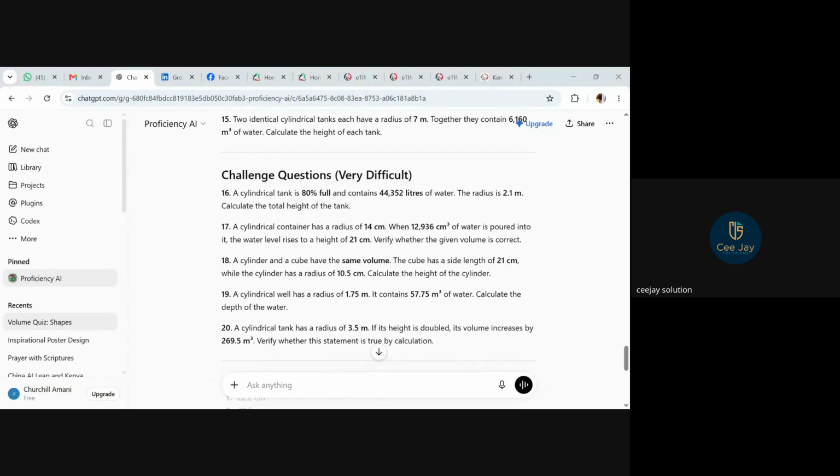I think we verify it by trying to find the volume. How do you verify whether the volume is correct, Tony?